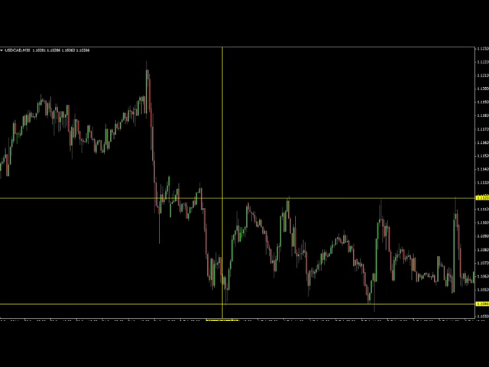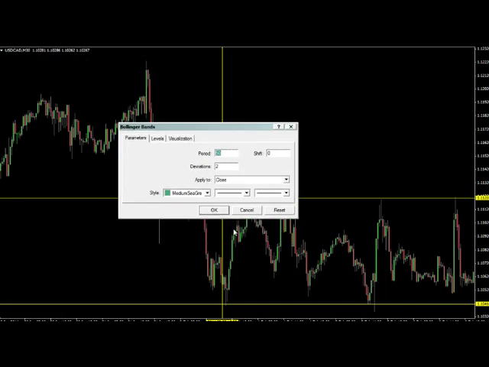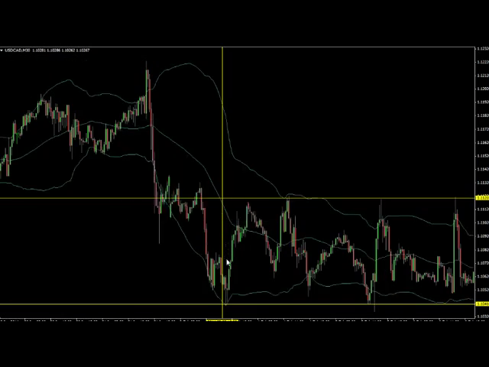Something else that you can do is use what's called a Bollinger Band. These are generally used for identifying trends, but if you have a Bollinger Band set to a high enough level, you can see exactly when everything flattens out and begins to quiet. So I'm going to go to insert an indicator, and I'm going to put it at a 50 period Bollinger Band, which is rather large, but you'll see that in times of trends, the Bollinger Band likes to follow the trend, and that gives it a pretty defined direction.